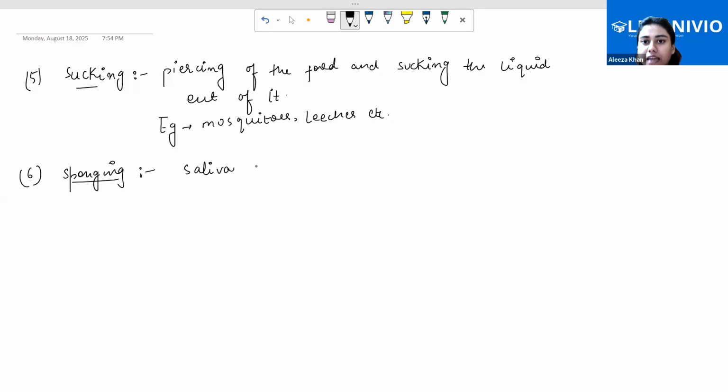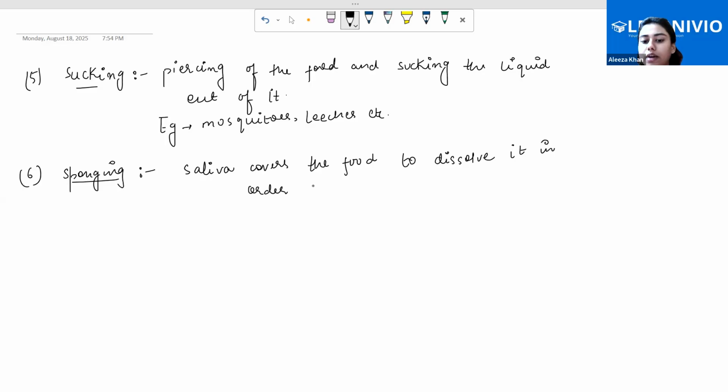Saliva covers the food to dissolve it. Why is the saliva needed? Because it dissolves the food so that it can be easily taken into your mouth.